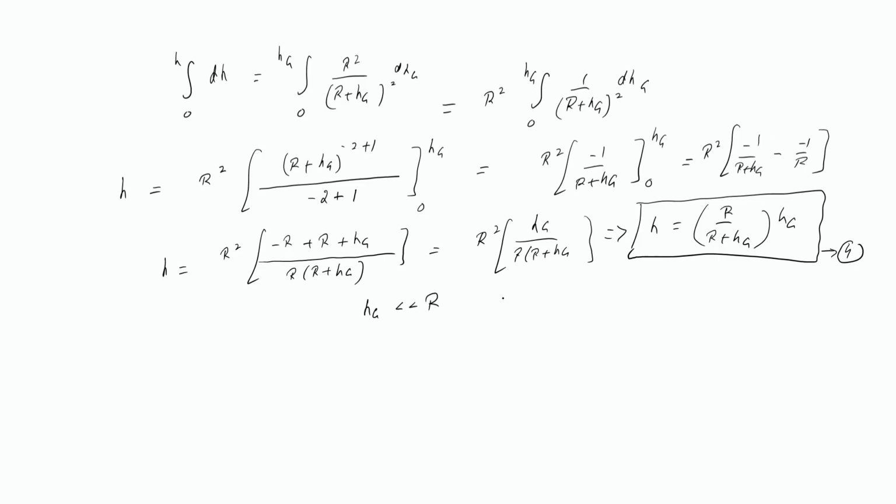So h will be r by r plus 0 into hg, and h will be exactly equal to hg.